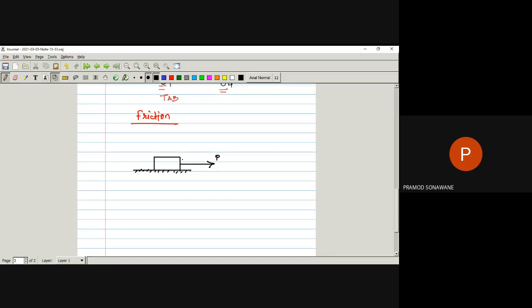So if I draw the free body diagram of this given crate, there will be action of W, which is nothing but self weight of the crate. There will be some normal reaction provided by this surface to this crate, I will name it as N. And because of application of P, whatever resistance will be developed is nothing but frictional force. Is it clear to everyone? सगळ्यांना समजली free body diagram?